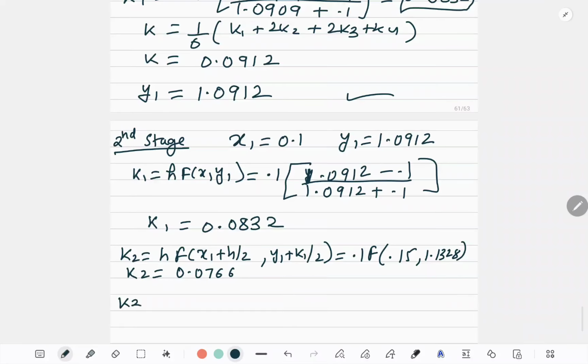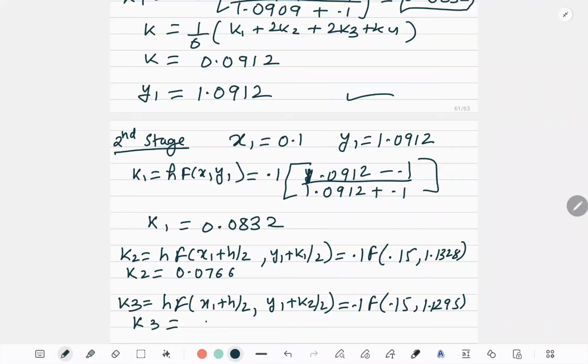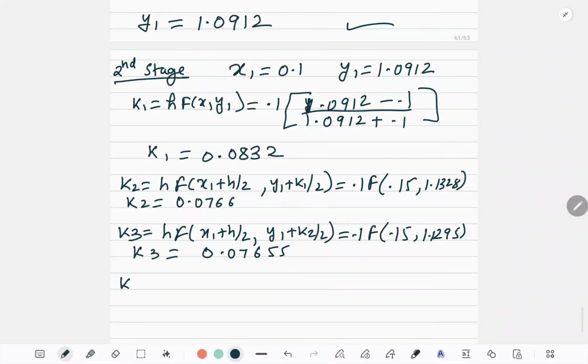Okay. Now K3 formula will be h f of x1 plus h by 2, comma y1 plus k2 by 2. So 0.1 f of 0.15, comma 1.1295. So your K3 value will be equal to 0.07655.